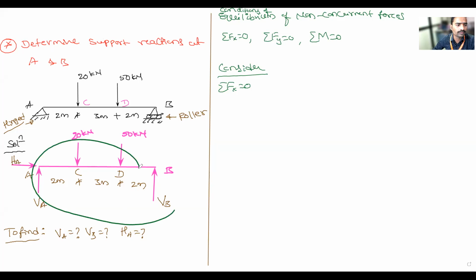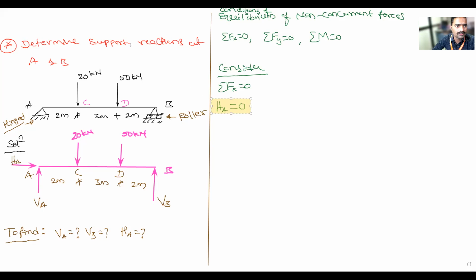HA. Good. Is it positive HA or negative HA? Positive. Is there any other force in the horizontal direction? No. That means HA is equal to 0 directly. So you got the value of HA is equal to 0.